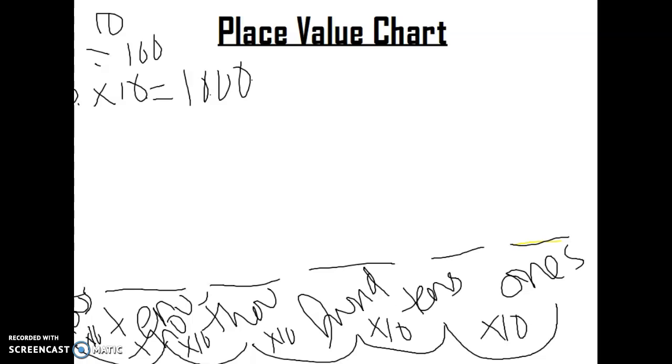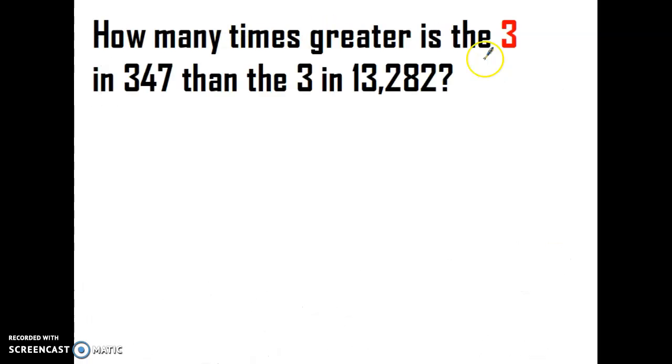So let's look at a problem. How many times greater is the 3 in 347 than the 3 in 13,282? So remember these problems, we need to make sure that we line up our numbers.